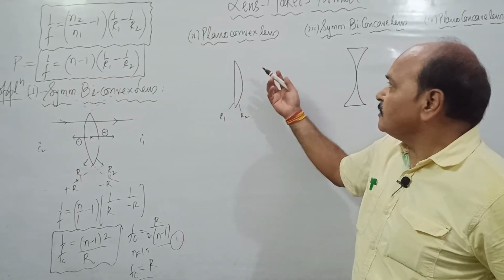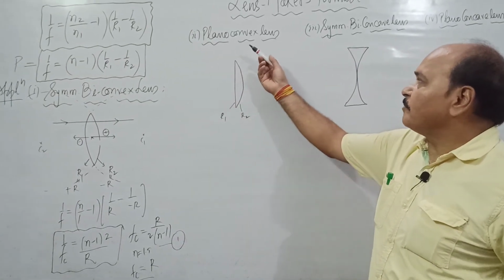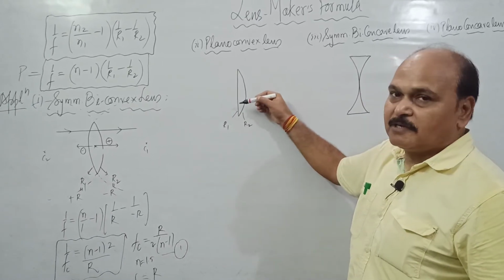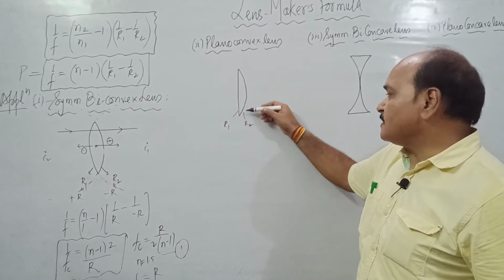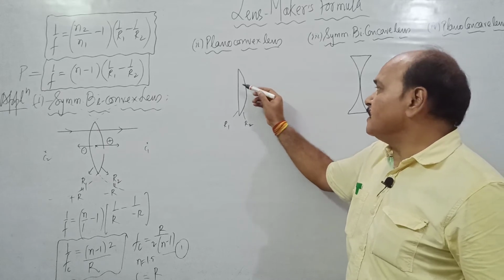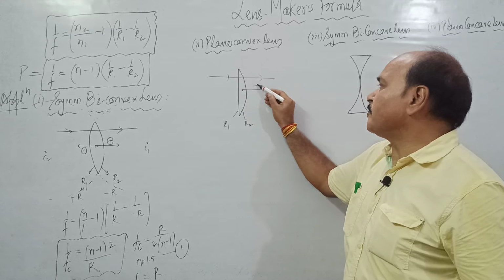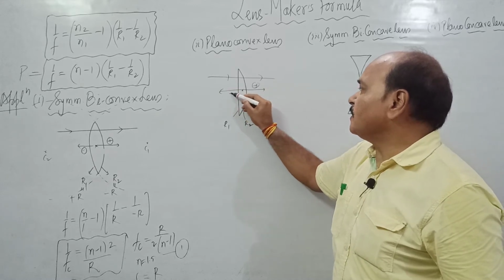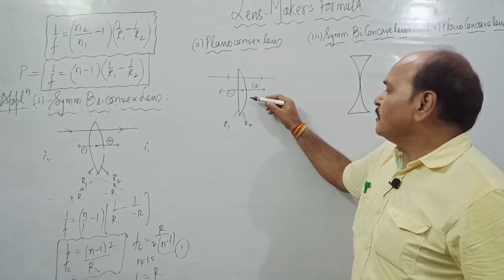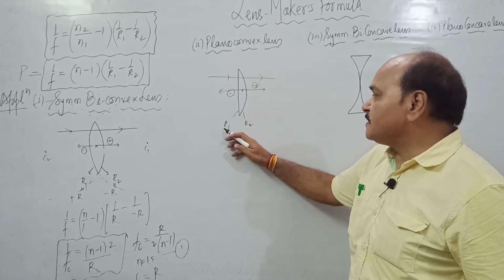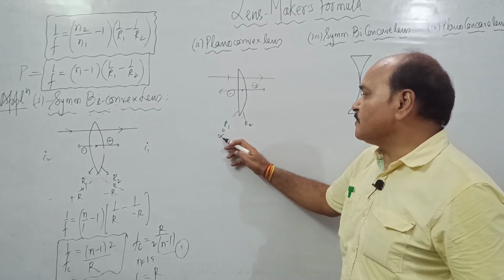Now let us find out the focal length of plano-convex lens. Again we have marked left side as what? R1, and right side as what? The second surface. Incident ray as usual would be from left to right. Distance right side would be positive, distance left side would be what? Negative. Well, this first surface, since it is a plane surface, therefore its radius of curvature would be what?